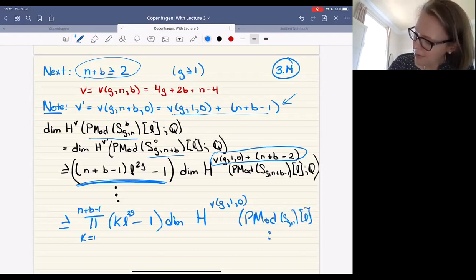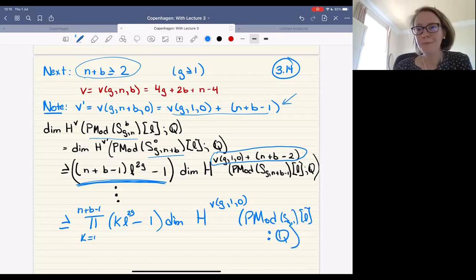I always run out of space for my coefficients. The simplification is really what we want to do here, and it follows pretty easily once I have that in place.